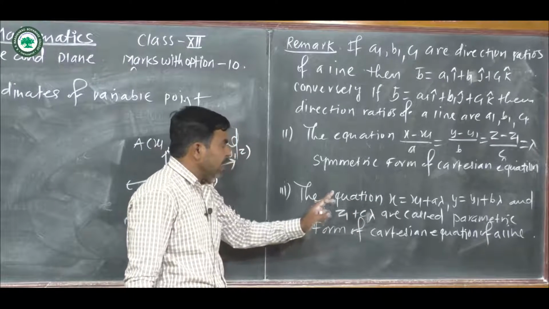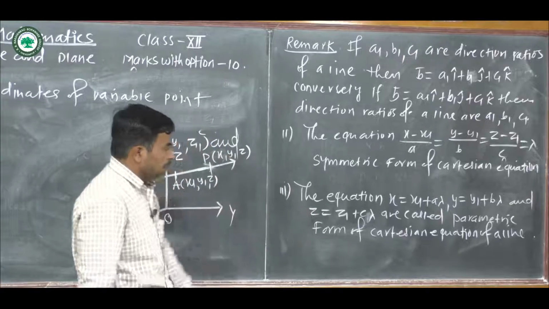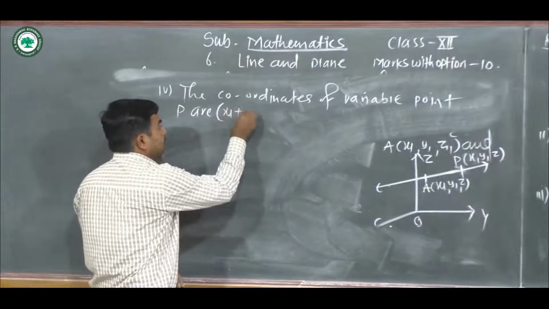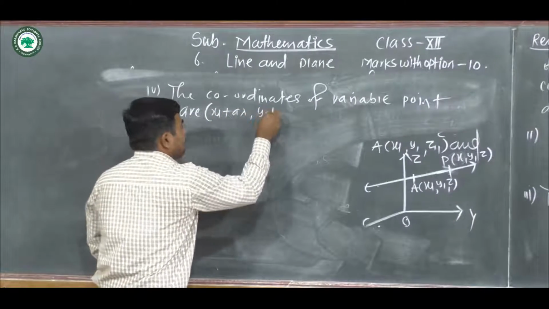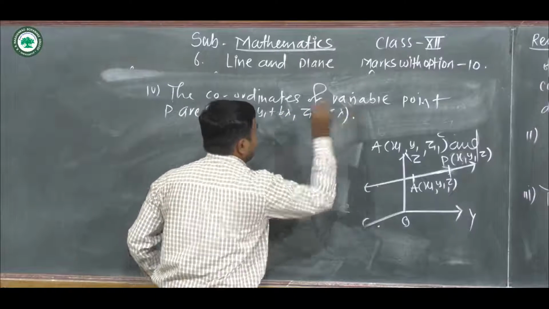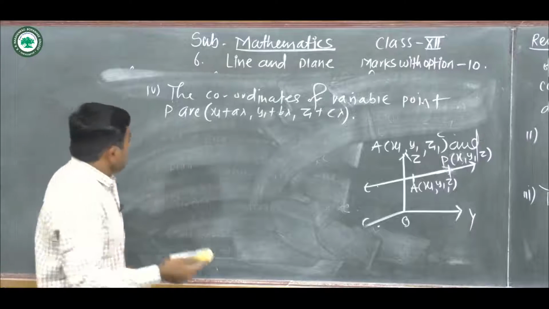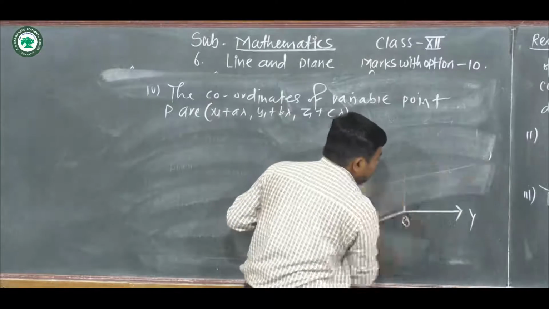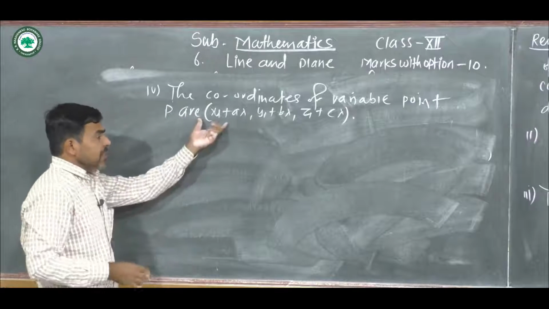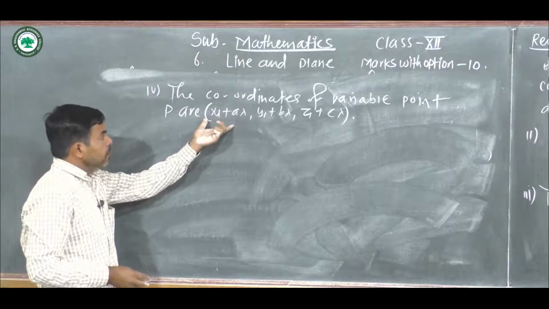What are x, y, z? x, y, z are the coordinates of point P. So from this remark, the coordinates of a variable point P are x1 plus a lambda, y1 plus b lambda, and z1 plus c lambda. Now, if direction ratios are known, then these are the coordinates of a variable point P on the line L.